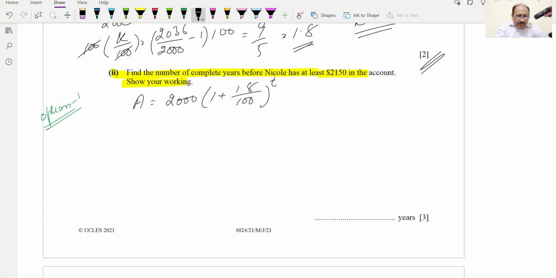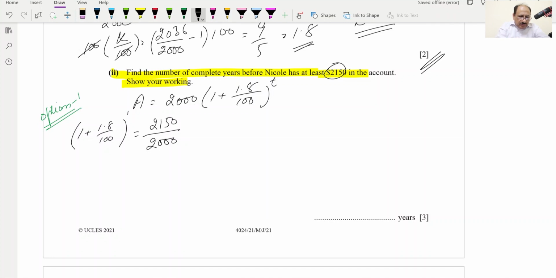So this will be 1 plus 1.8 over 100, and the amount is provided, and that is 2150. So this will be equal to 2150 divided by 2000. So what we have done, we have replaced this value as 2150 and we have shifted this 2000 to the other side, and we got this.